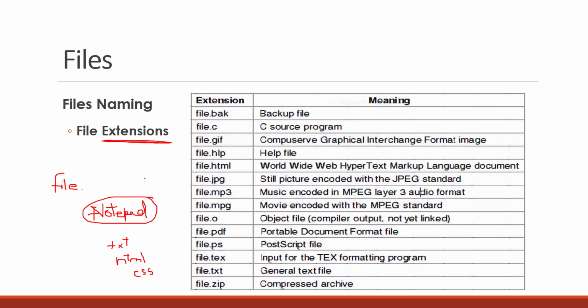But for the operating system, it doesn't matter what that file is. The operating system does not require you to have an extension. For the operating system, a file is a file. But in modern operating systems, we have different programs that are used to read files. For example, to read a PDF, you need a PDF reader, for example Acrobat Reader or a similar program. If you don't have that reader installed on your computer, this file will not open, right?